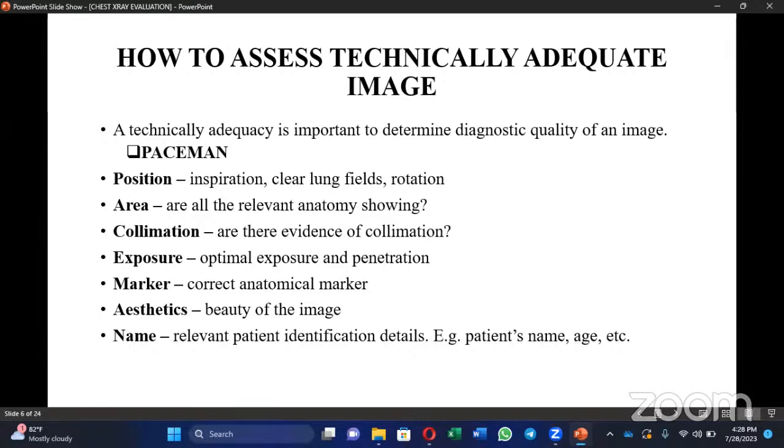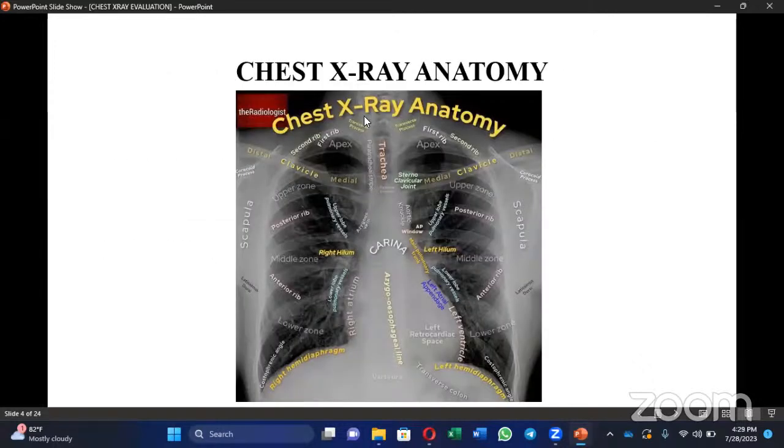Okay, so still on the PACEMAN, let's look at the A, which stands for area. You ask, are all the relevant parts of the chest X-ray showing on the radiograph? So that's where you look at the borders of the radiograph. You look at the superior border, the two lateral borders, then the inferior border.